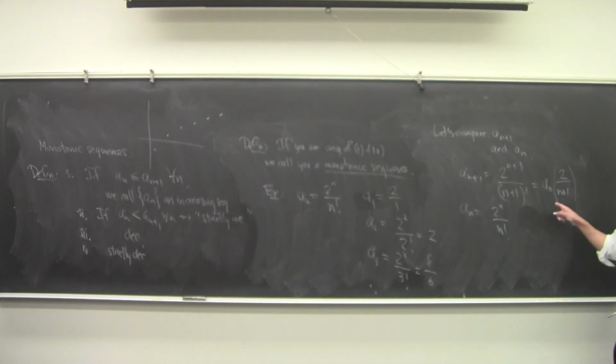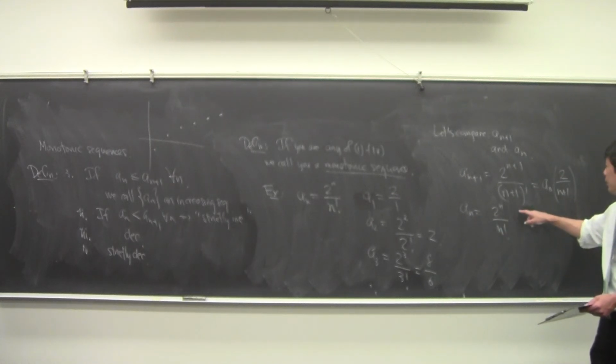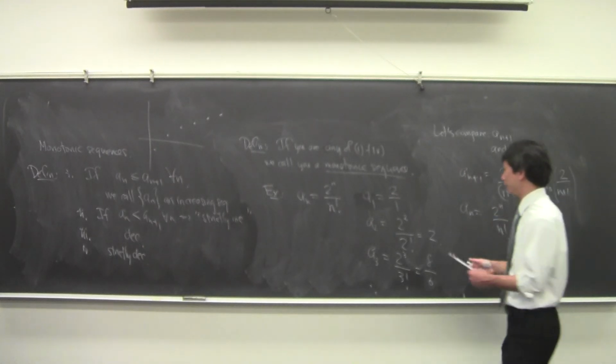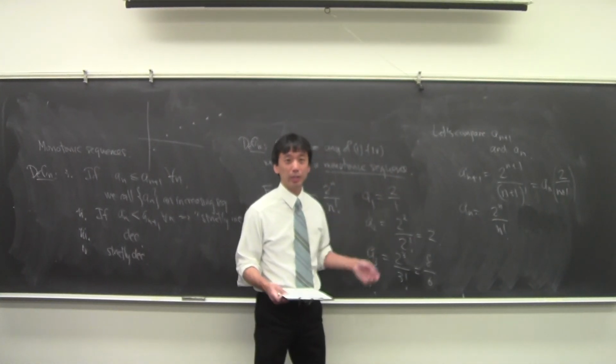And so what you see is that past a certain point, as long as I'm beyond n equals 1, then this is strictly decreasing.